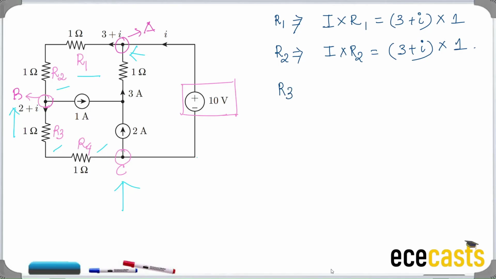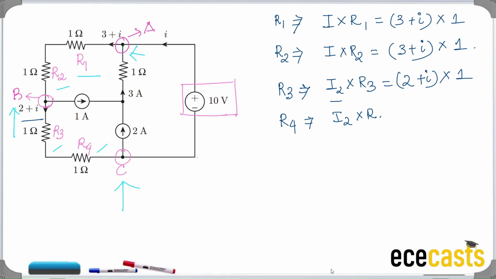So voltage drop across R3 is I2 into R3, where by I2 I mean 2 plus I. 2 plus I into the value of R3, which is again 1. Voltage drop across R4 similarly is I2 into R4, which is equal to 2 plus I into 1.